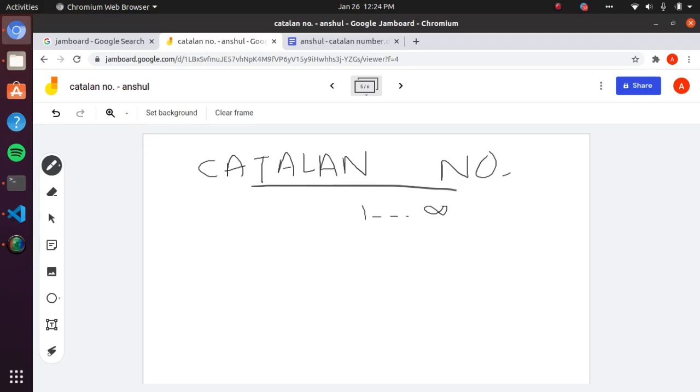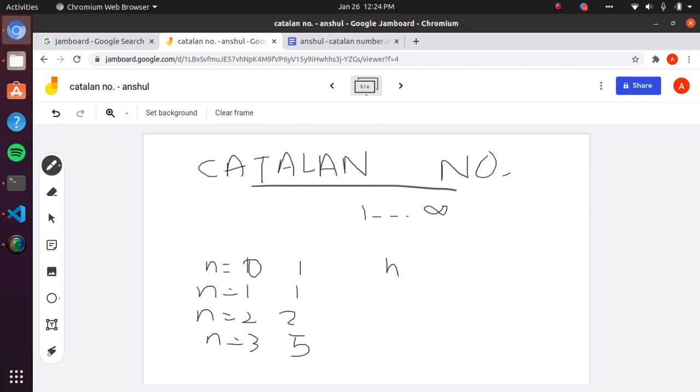So first let's see what the sequence is. For n equal to 0, it is 1. For n equal to 1, it is 1. For n equal to 2, it is 2. For n equal to 3, it is 5.